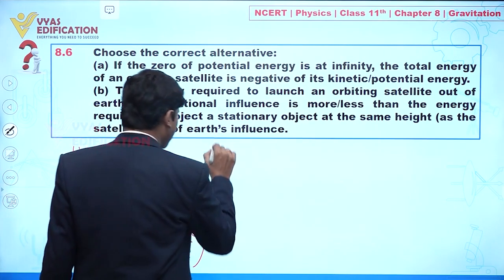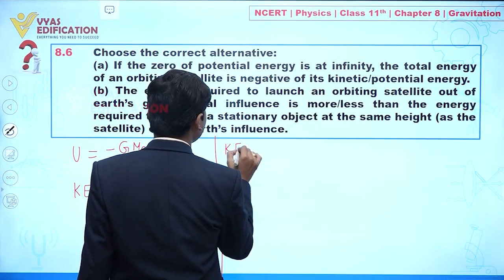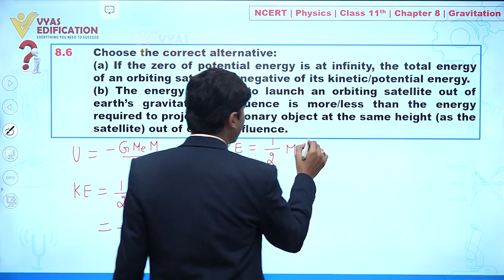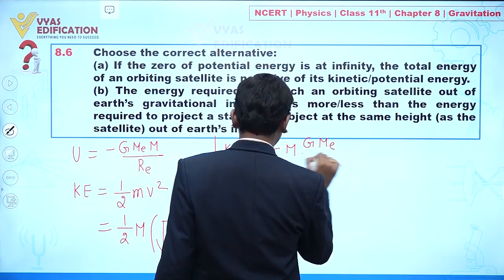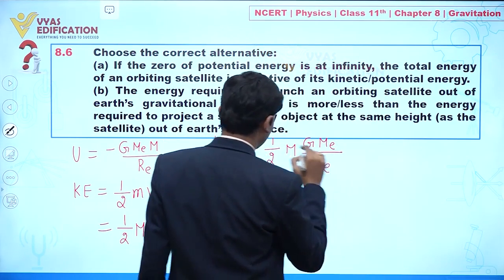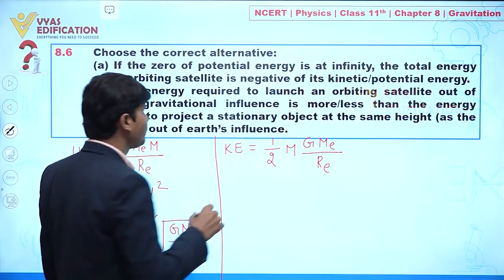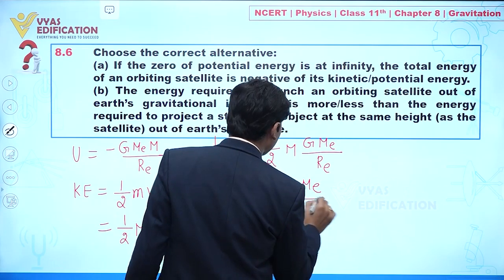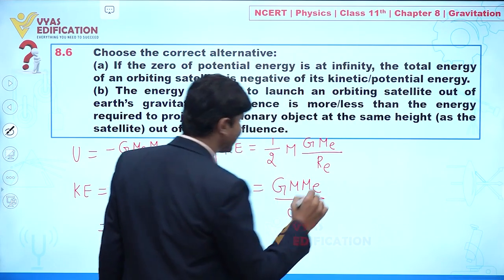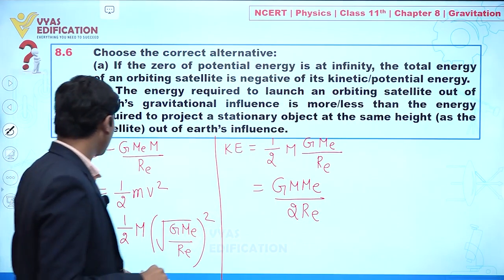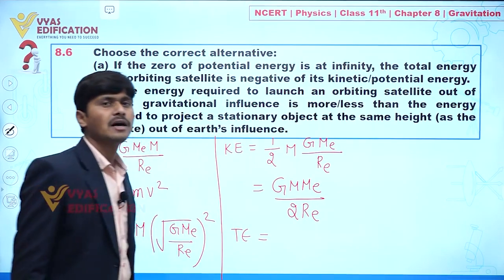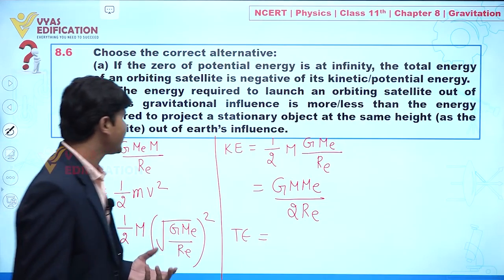Clear? So from here I can write the kinetic energy is given by 1 by 2 m times GME divided by RE. Clear? So from here we can see the expression of kinetic energy is GMEm over twice of RE. So if I am talking about total energy, it is given by potential energy plus kinetic energy.